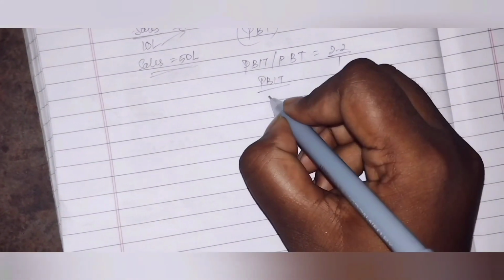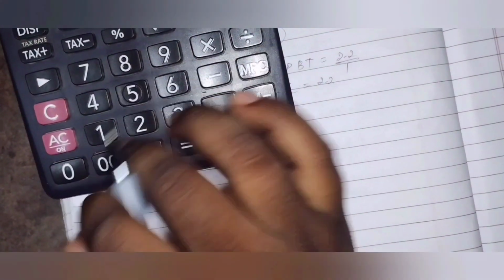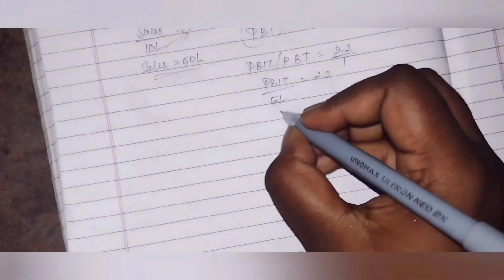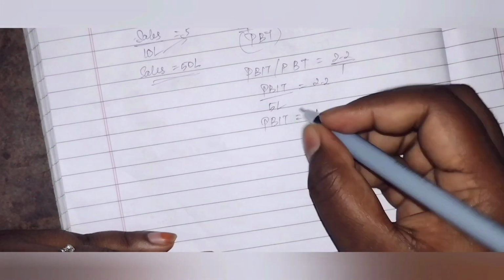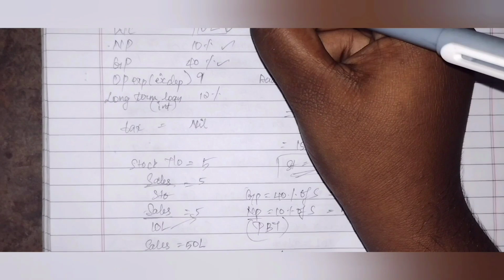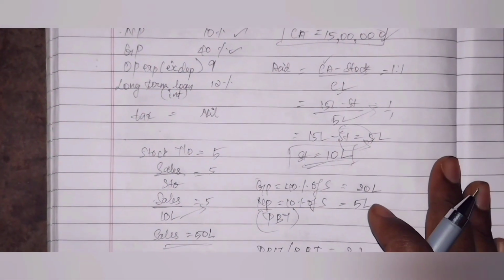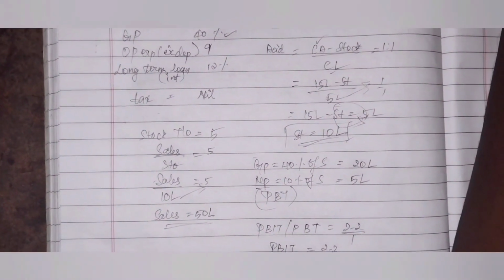PBIT we don't know, PBT is 5 lakh. When we multiply 5 lakh into 2.2, we get 11 lakh, which is PBIT, 11 lakhs. Here they have given the collection period as 30 days. We have sales actually, so we can find out the debtors.